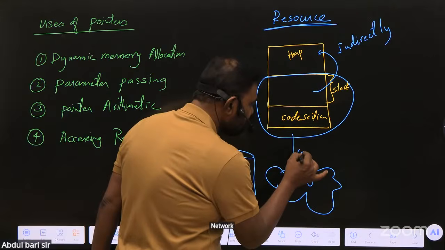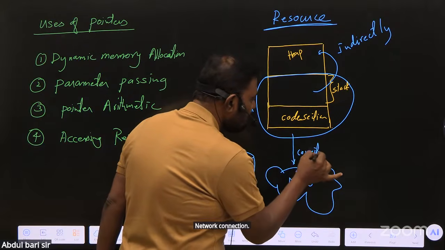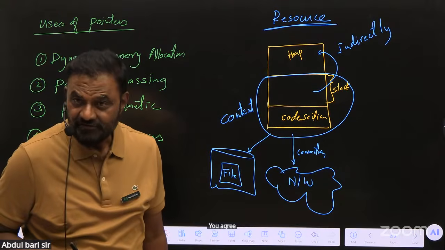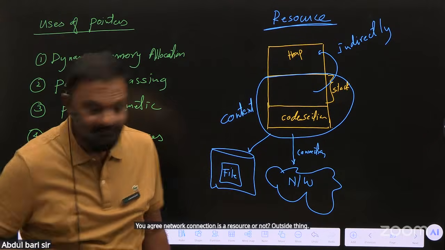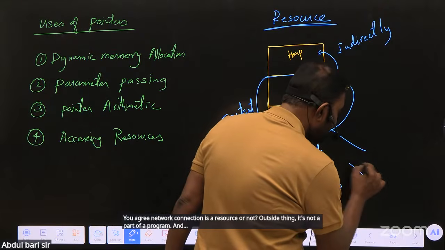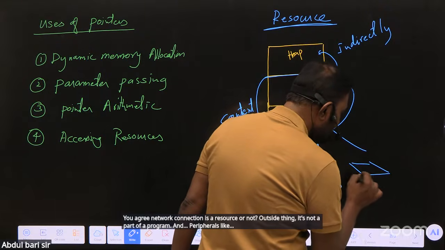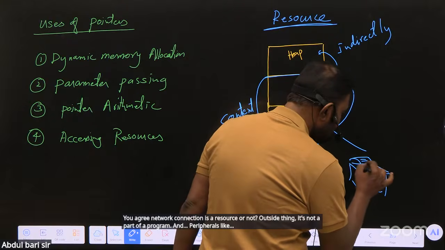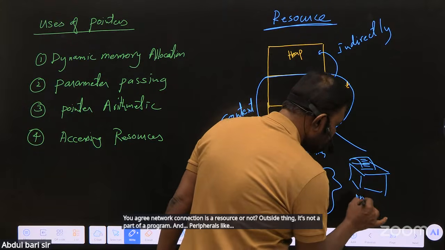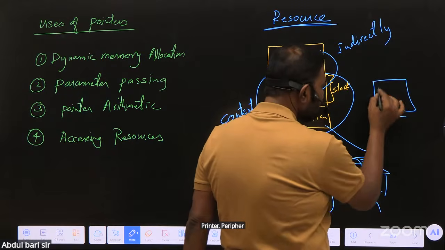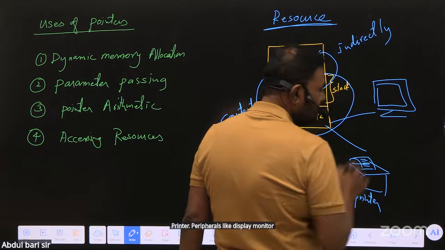Network connection. You agree network connection is a resource or not? It's an outside thing, it's not a part of a program. And peripherals like printer, peripherals like display monitor, right?